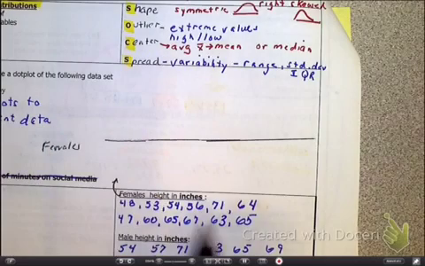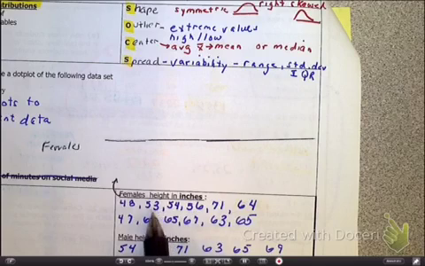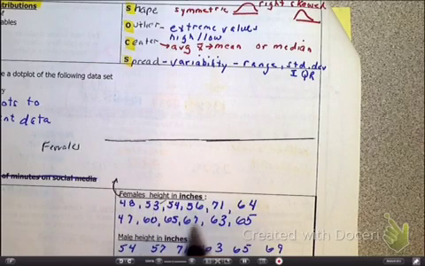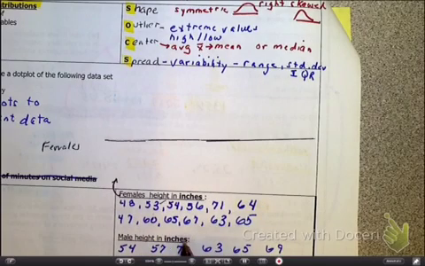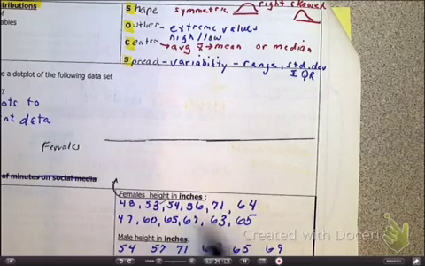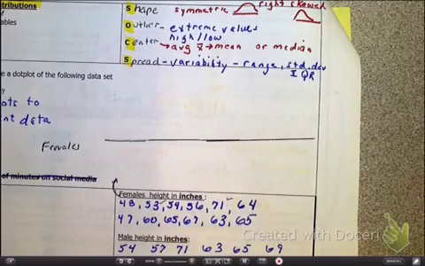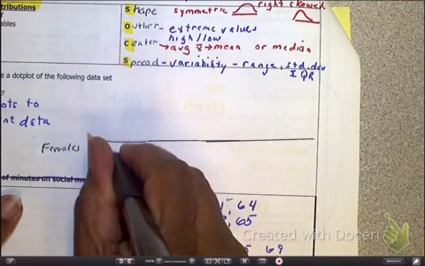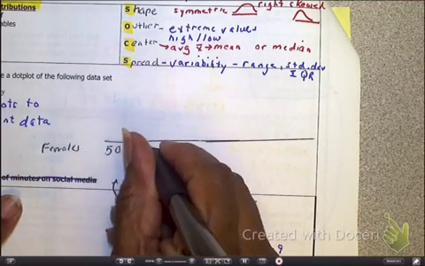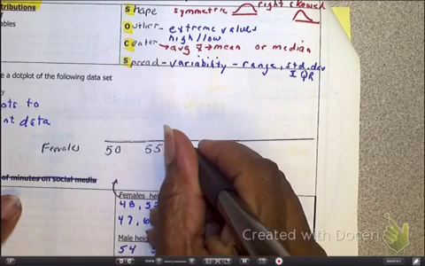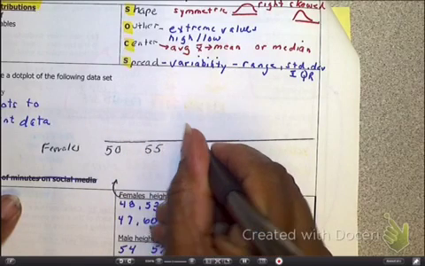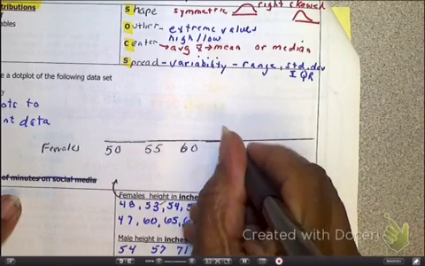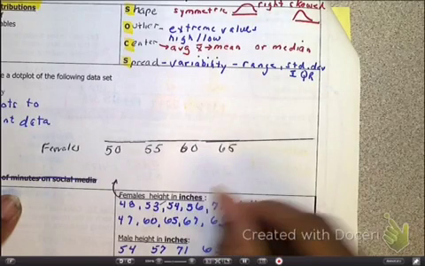And as I do this, please recognize our numbers range from, it looks like, 53 to 65, 67, 71. As I put my numbers right here, I'm going to make increments that are reasonable. And it does not have to represent all of the numbers exactly as it is here.